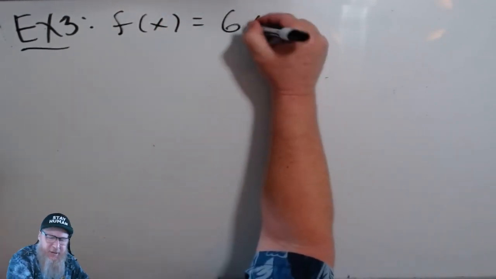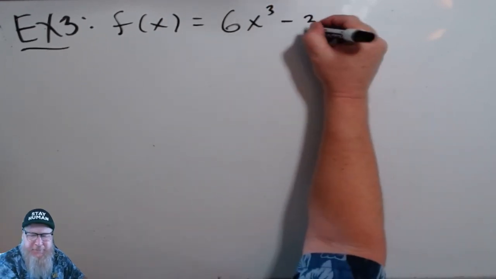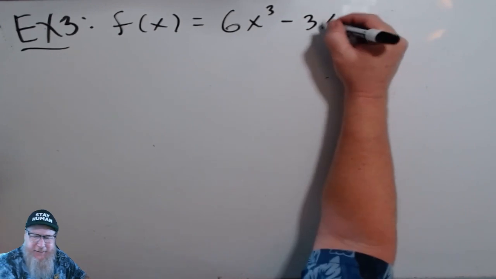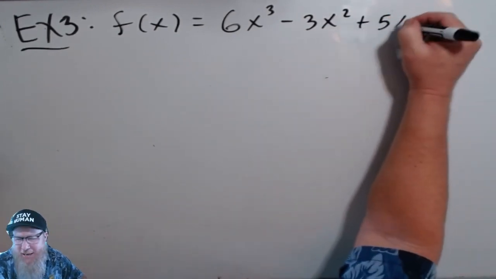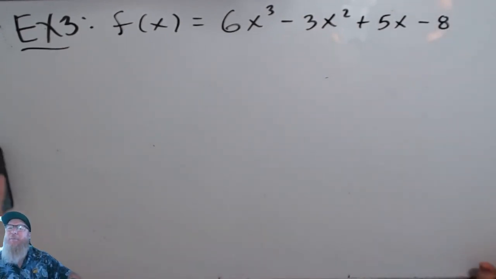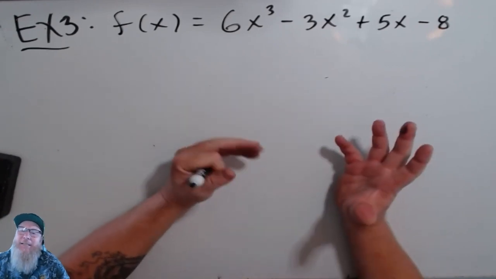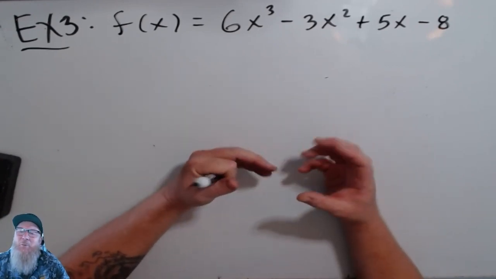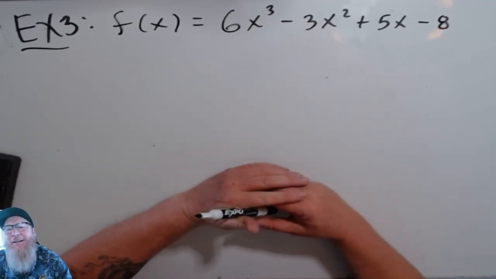So the second derivative tells you the rate of change of the rate of change. So how fast or how slow is the change changing? That's a mouthful, but that's what it is. It's telling you the rate at which the rate is changing. So it's a rate of a rate.